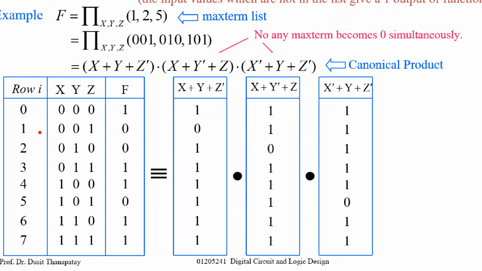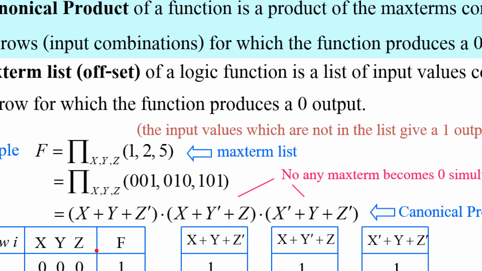When you write in this form, it is a product of sums, or you can write it with the symbol pi, pi x y z, and the values that make the function 0. You can write in binary form or decimal value. So you get the maxterm list, or off-set.